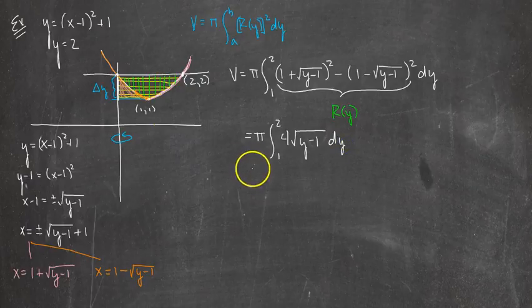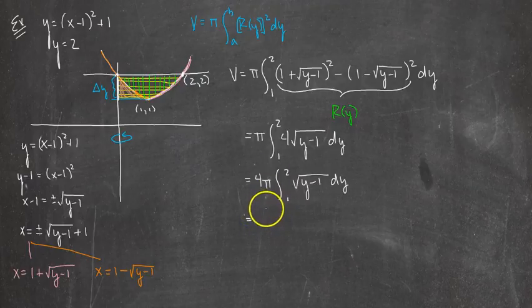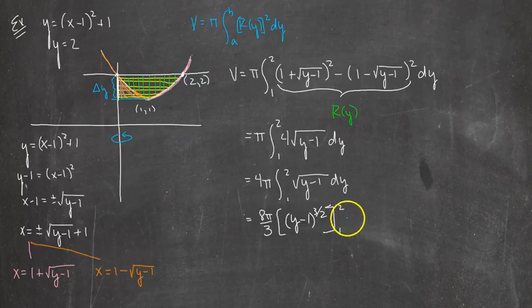Then integrate 4 pi on the interval from 1 to 2 of the square root of y minus 1 dy. Quick substitution for this, super easy to do. You end up with 8 pi over 3 times y minus 1 to the 3 halves on the interval 1 to 2.